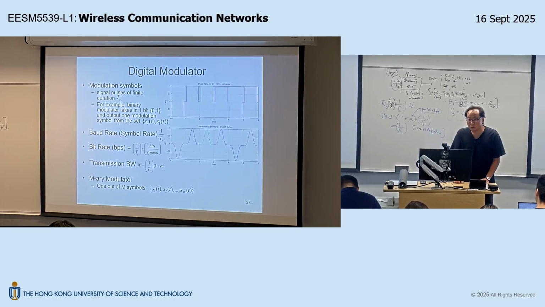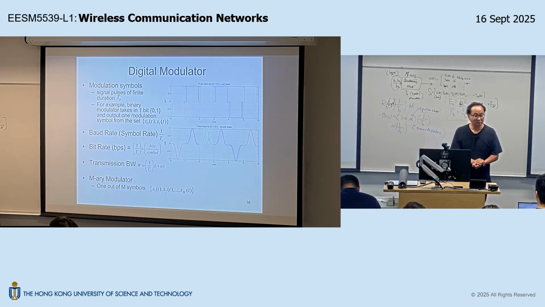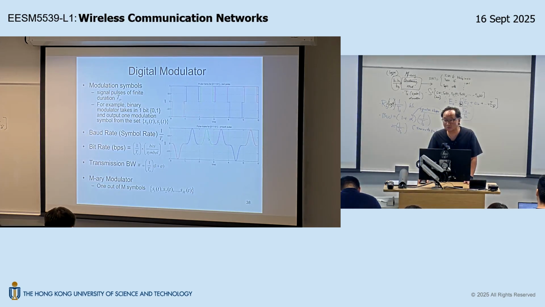So the real question is, is there any penalty? Or what is the penalty? What is the cost behind using a large M? M-ary modulation. Now for those of you who have studied with an EE background, you probably have studied M-ary modulation as well. So what's the cost of using a large M in M-ary modulation?